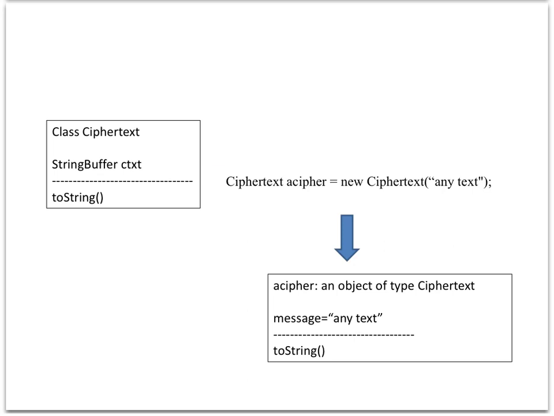So after executing this line, I'll come here and get the object acipher, and acipher is a memory space which will have any text in its message variable, and it will also include the definition of toString.